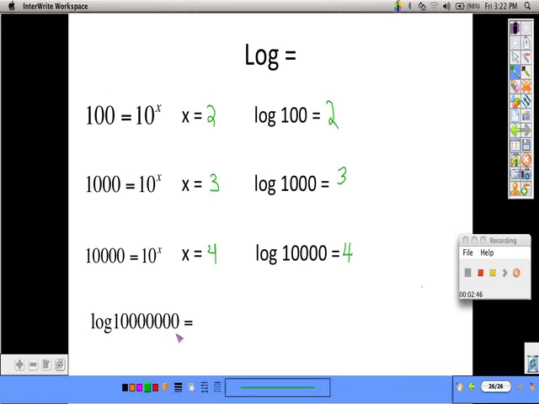So if we look down here at log 10 million, that's equal to 7. 10 to the 7th power is equal to 10 million. Log that gives us the exponents for when the base is 10 is called the common log. It's log base 10. It's finding us exponents of 10 that gives us the numbers.